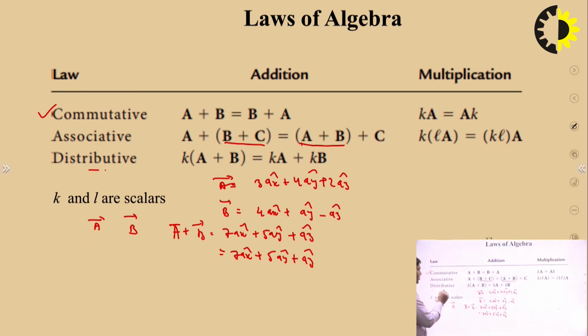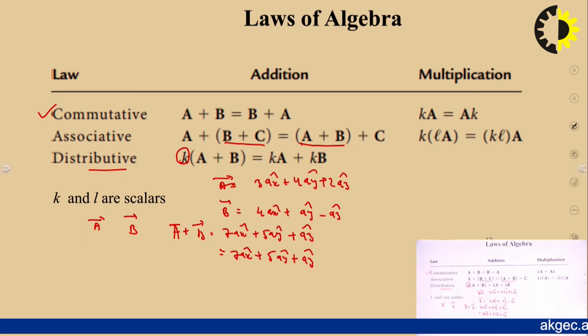And the distributive law states that if we multiply a scalar quantity k with a plus b, the value of this scalar quantity is distributed over the two parts, ka and kb. So this also follows the distributive property in addition. This is a very important point: two vectors in addition obey the commutative law, the associative law and the distributive law.